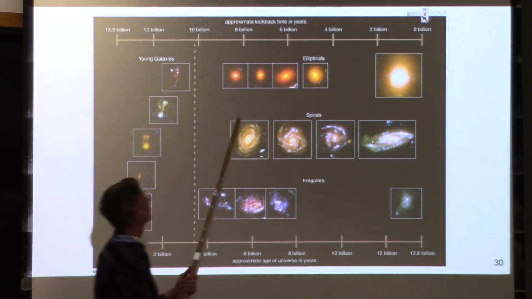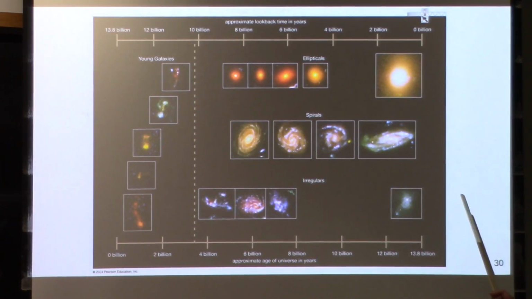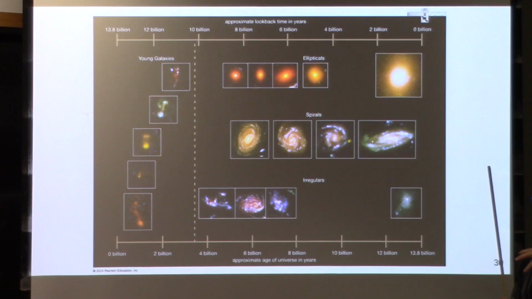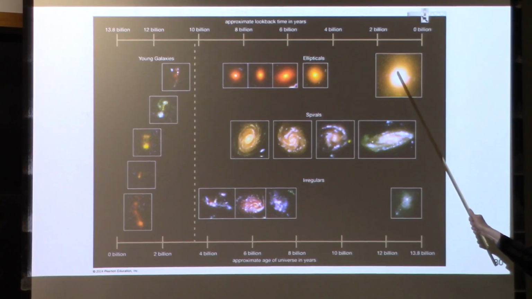So here is approximate look-back times in years. The look-back time is how long ago the light was emitted that we're receiving today. Here's the approximate age of the universe at the time the light was emitted, in billions of years. And so here are ellipticals seen at relatively small look-back times, between 0 and 2 billion years ago.